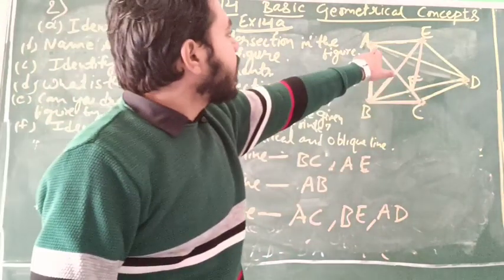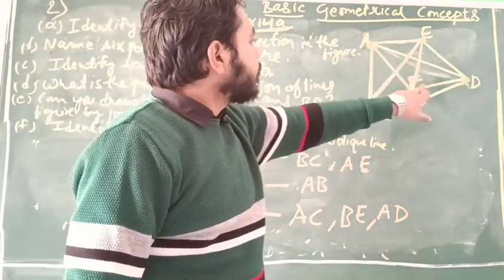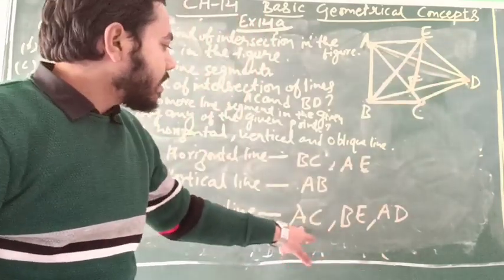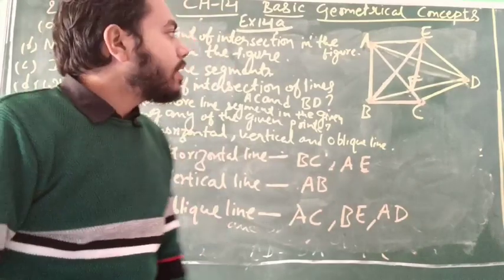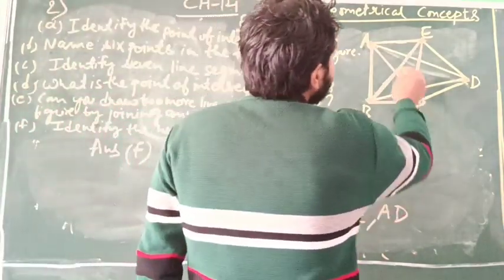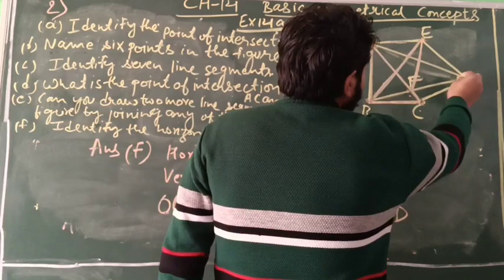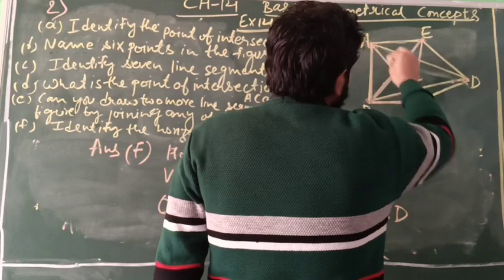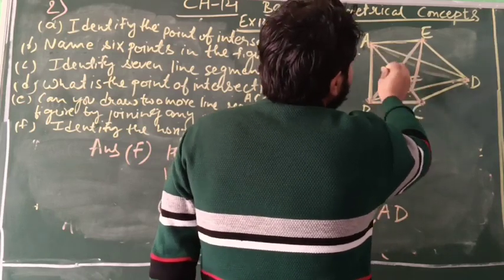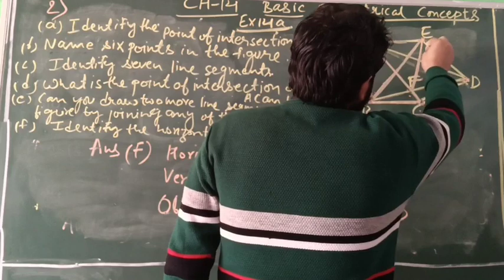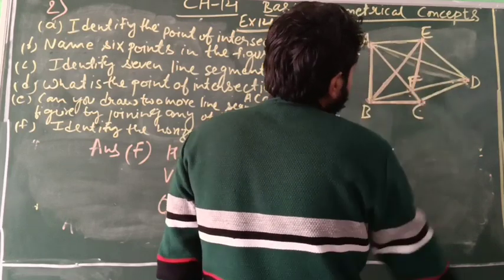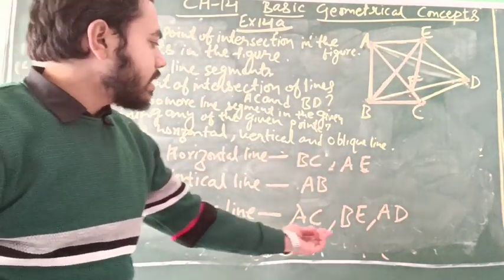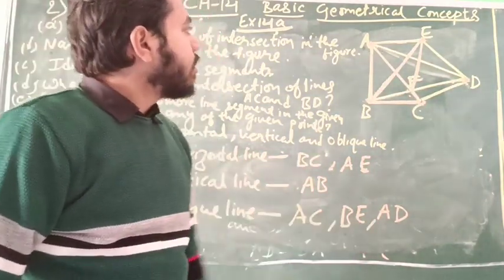Okay, so we just write AC, BE and AD. There are more oblique lines, like BD. AF and EF are also oblique lines. There are many more lines, but we just write only three: AC, BE, and AD.